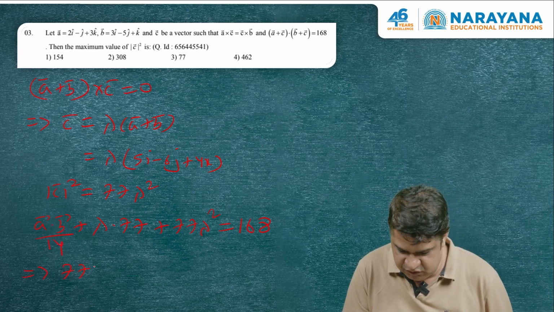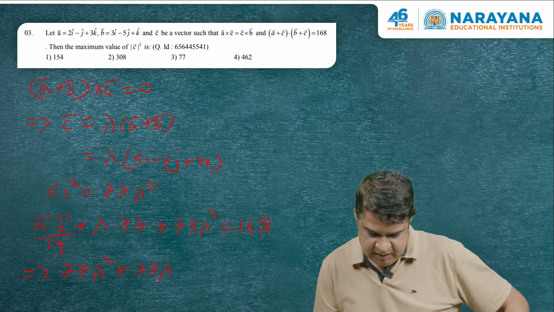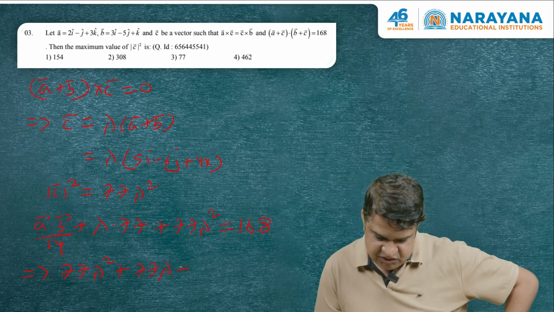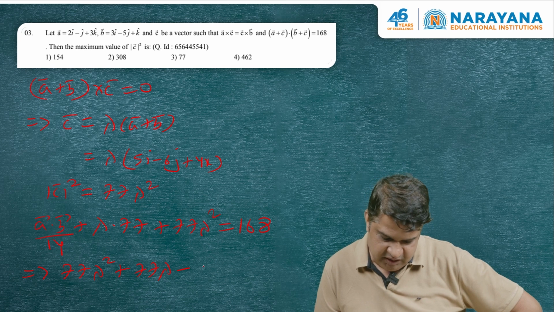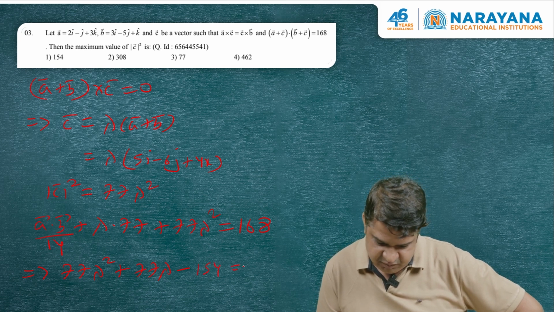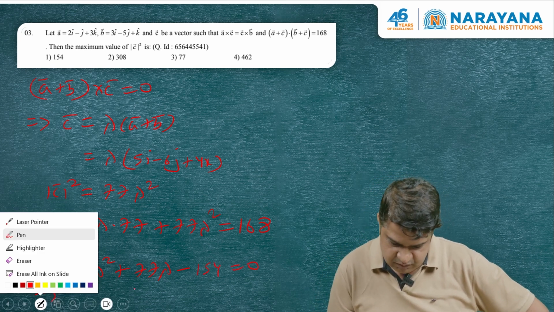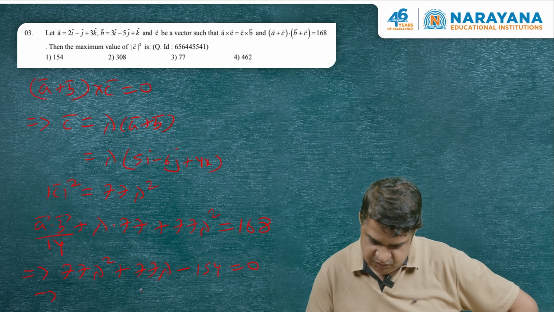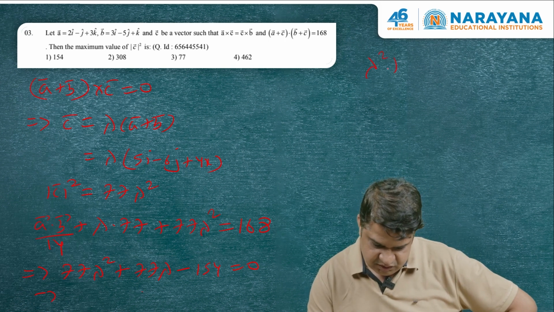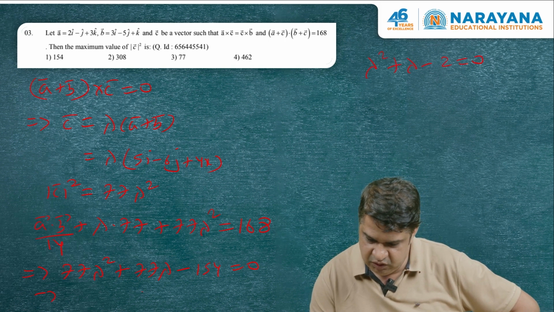So, finally, we have 77 lambda square plus 77 lambda minus 14 minus 168, that is 154, equals 0. So, from here we get lambda square plus lambda minus 2 equal to 0.